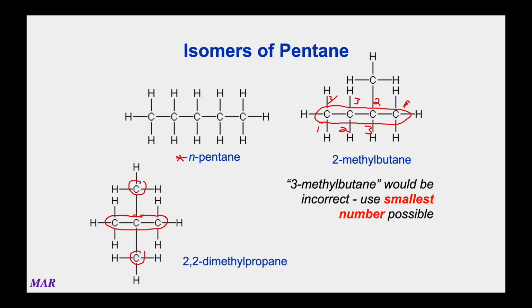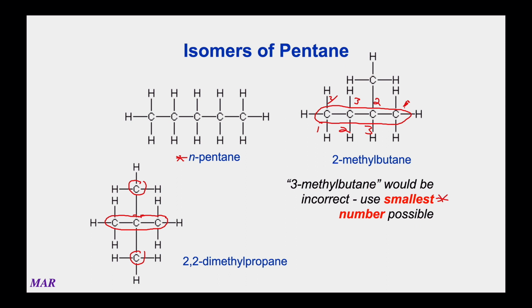And in addition to the longest chain of carbon atoms, in organic chemistry, you always want to use the smallest number possible. So 2-methylbutane is the official name for this compound. If you said 3-methylbutane, organic chemists would look at you like you were saying something slangy and kind of lame.